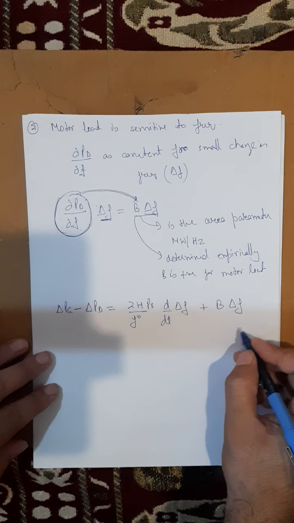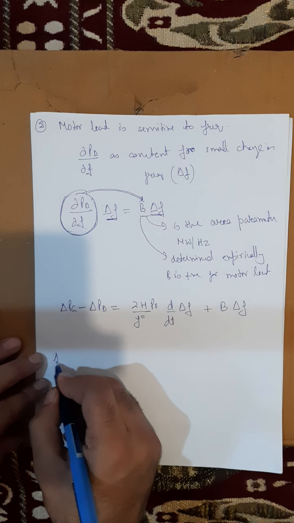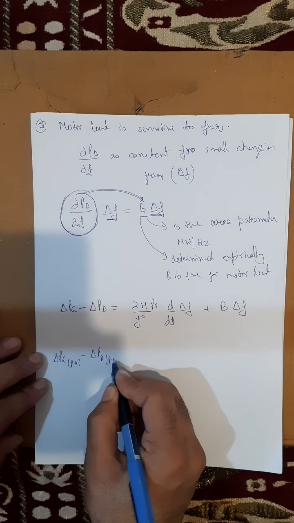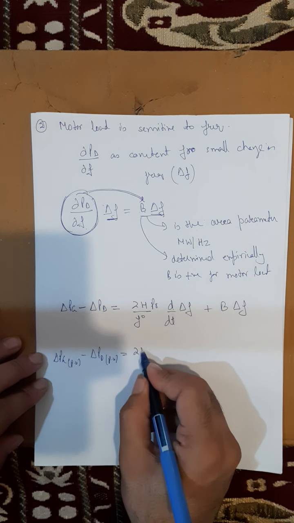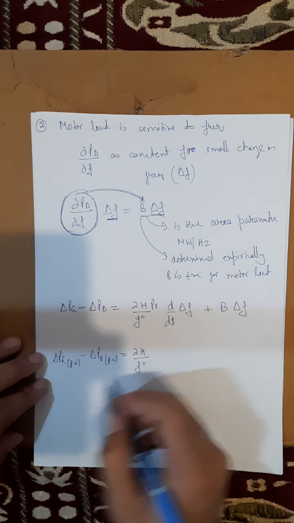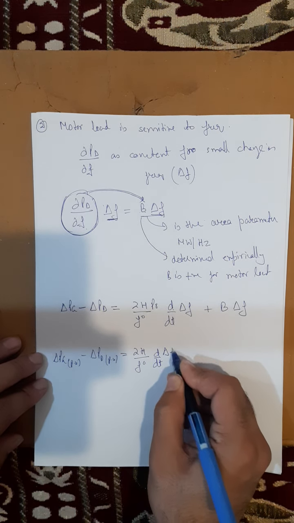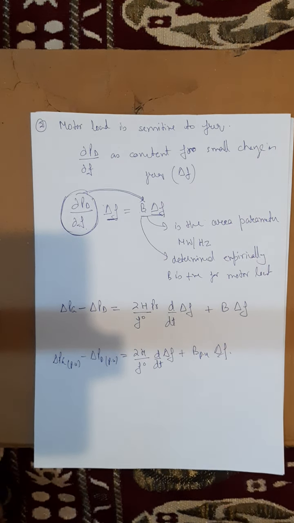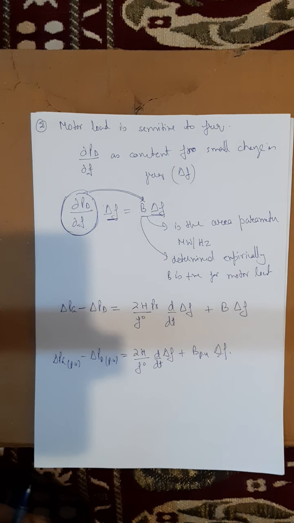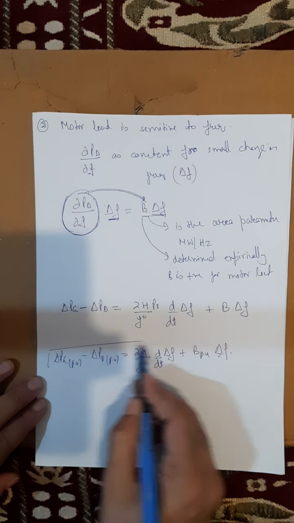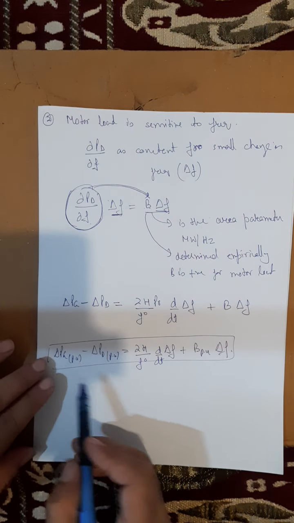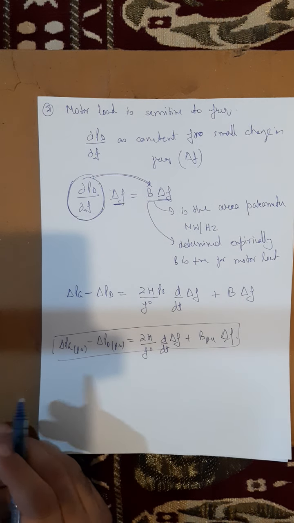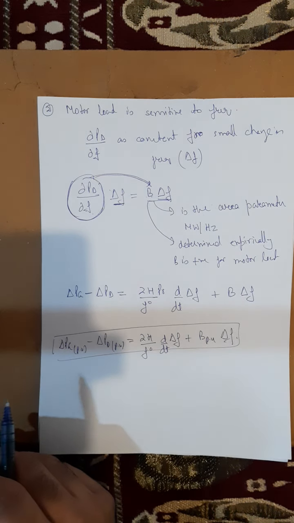Dividing the whole equation by PR, I get delta Pg in per unit minus delta Pd in per unit is equal to twice H upon F naught, d by dt of delta F, plus beta in per unit multiplied by delta F. So this whole equation is in per unit. But I will not use per unit in the following equations because it will increase the complexity. It is understood that the whole equation is in per unit.